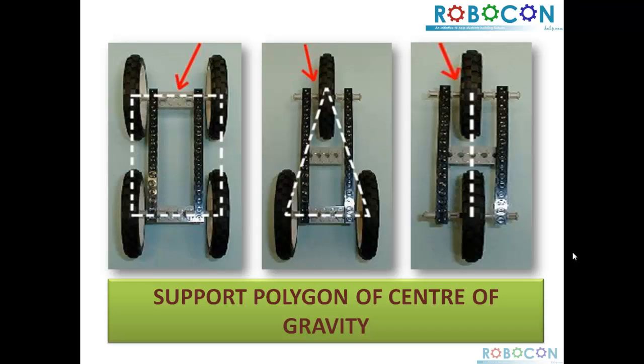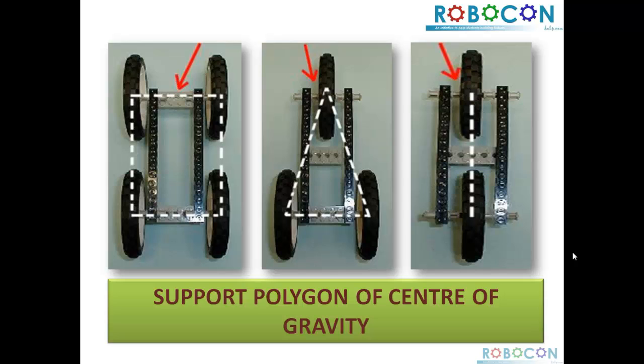Suppose you have a four-wheeled robot system, and this current diagram shows the support polygon of the center of gravity of a four-wheeled robot system. Now, a support polygon is actually an imaginary line drawn through all the contact points on the ground which are made by the wheels.